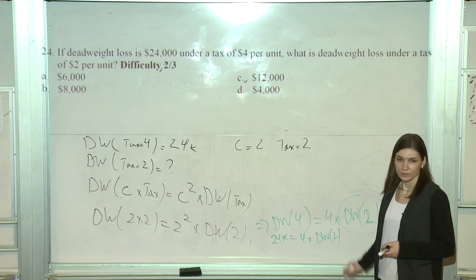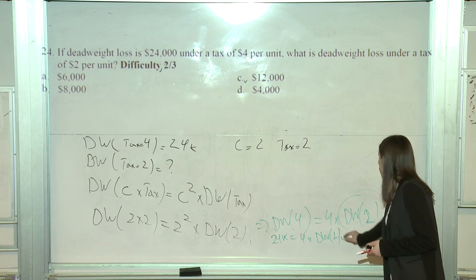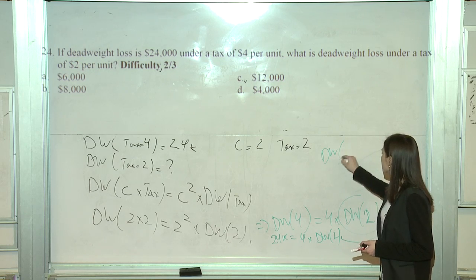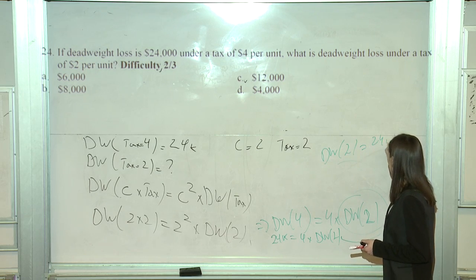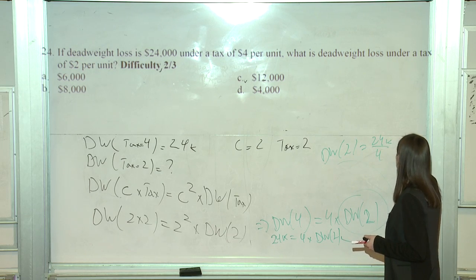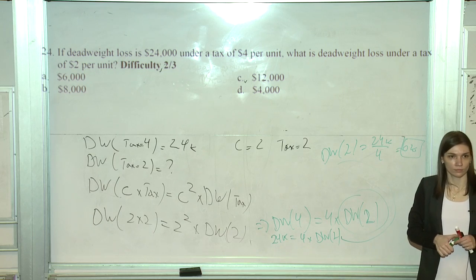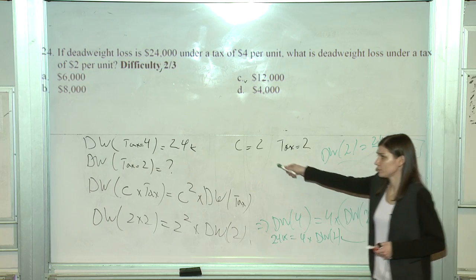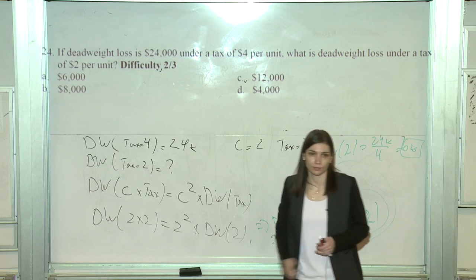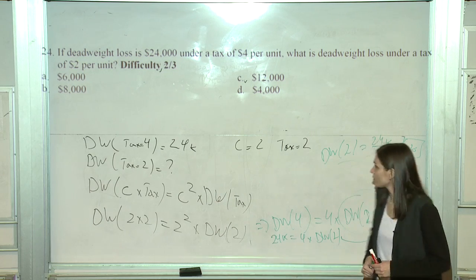So the deadweight loss when the tax is 2 is 24,000 divided by 4, or 6,000. Here you just need to know this property.